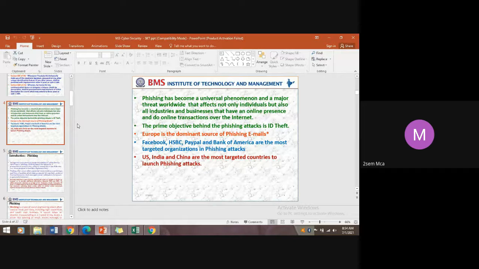So the most widely known victims of phishing attacks, to name a few, are disclosed here. Many more are there, and I will share who they are.